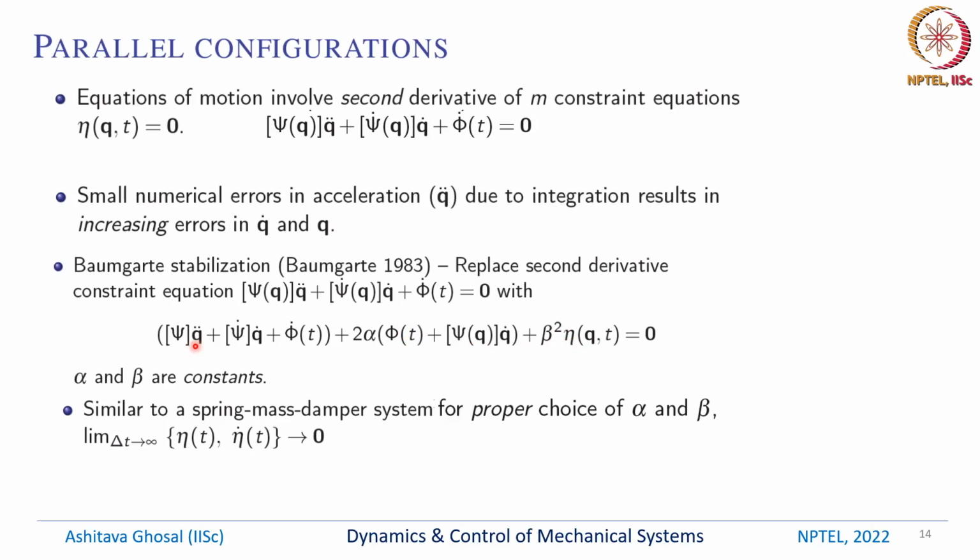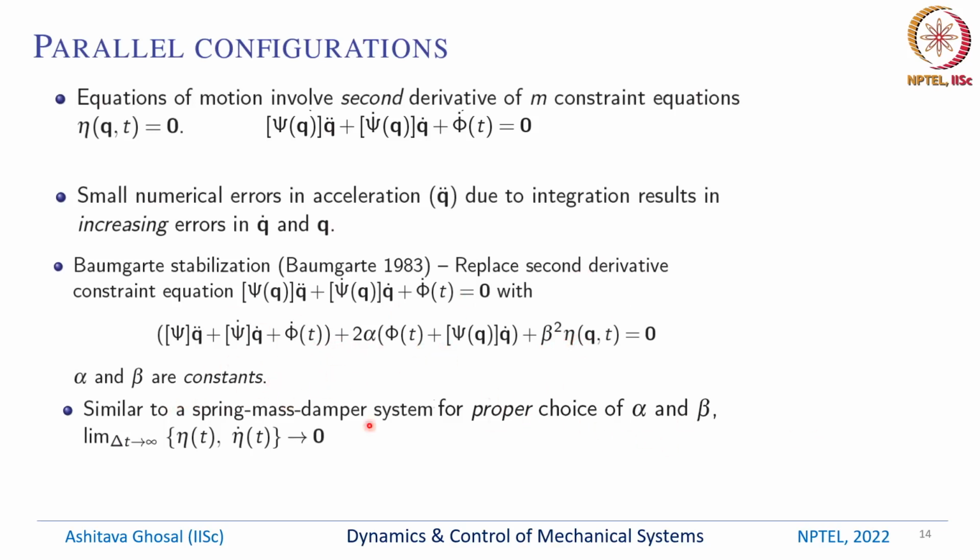If you look carefully, this looks very much like a spring mass damper system, where alpha and beta are constants. This is like x double dot plus 2c x dot plus omega square x. If you choose alpha and beta properly, just like in a spring mass damper system, the oscillations die down.